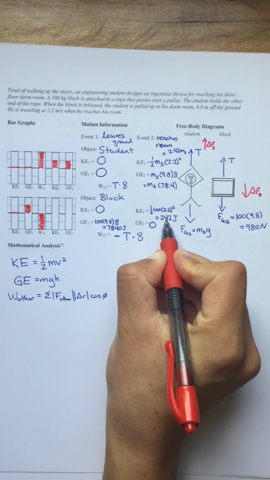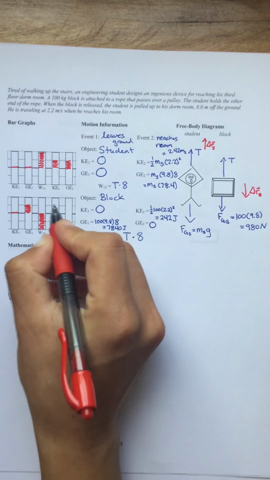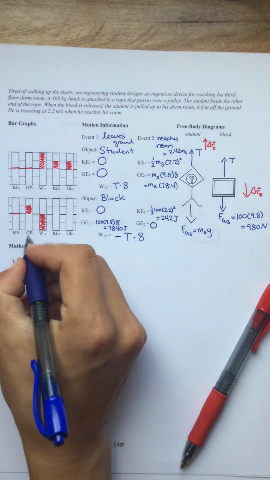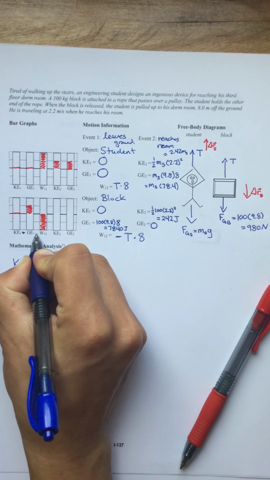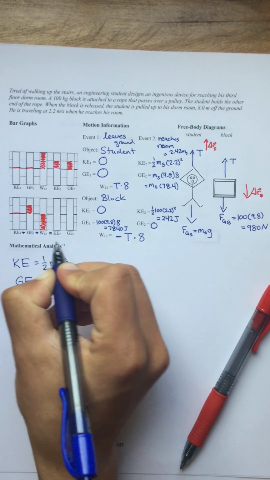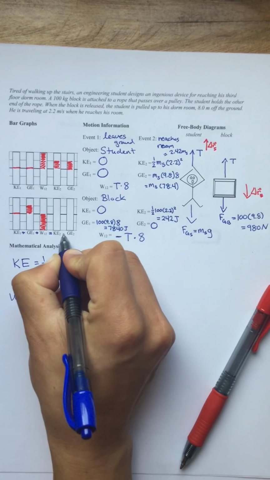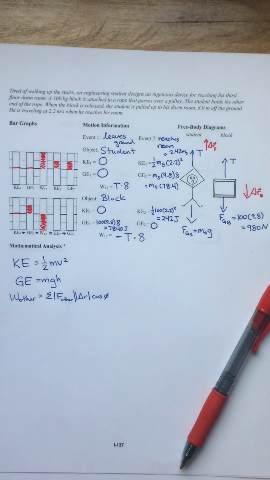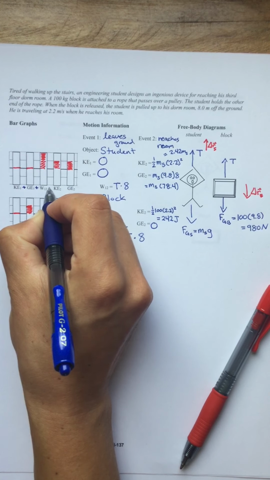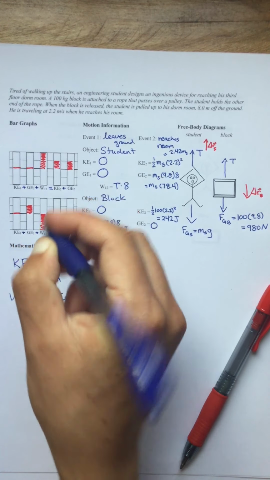Kinetic energy here is positive. Remember that KE1 plus GE1 plus work 1, 2 is equal to KE2 plus GE2.